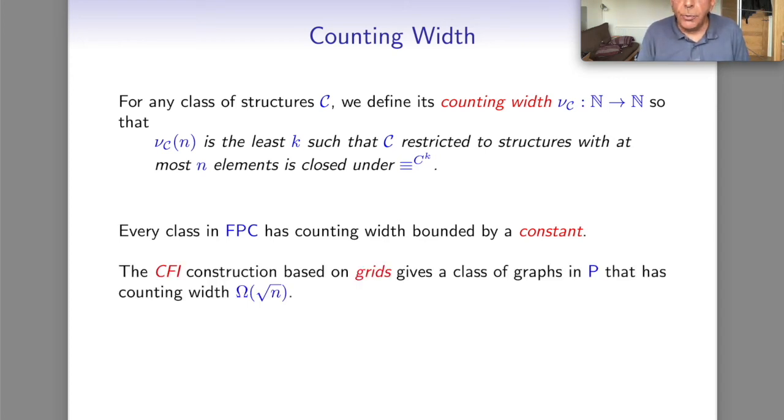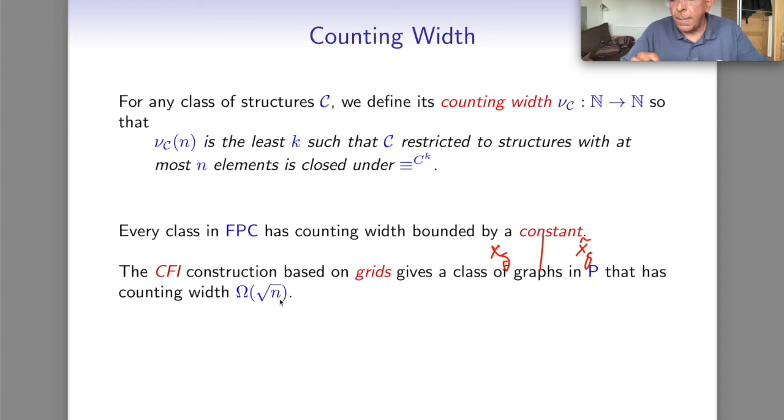And what we have just proved is that if you look at the cipher construction based on toroidal grids, and you take the class of graphs which includes xg for each g and excludes x tilde g, then you have a class of graphs whose counting width is at least square root of n. Well, up to a constant factor, right?